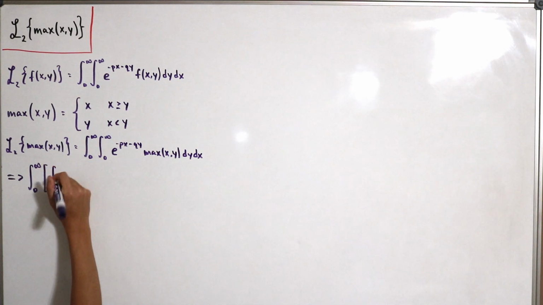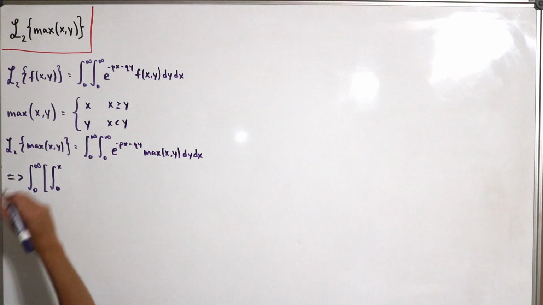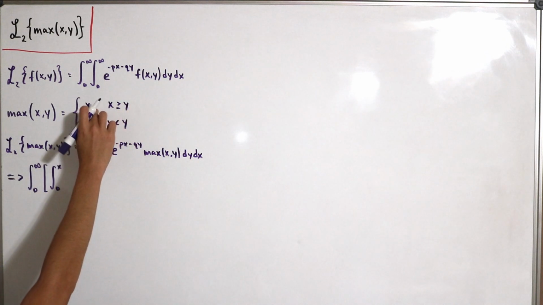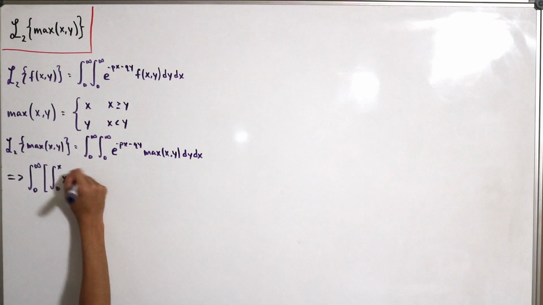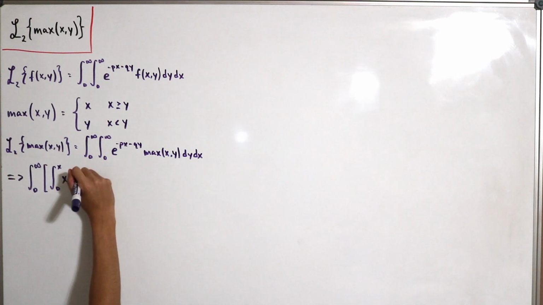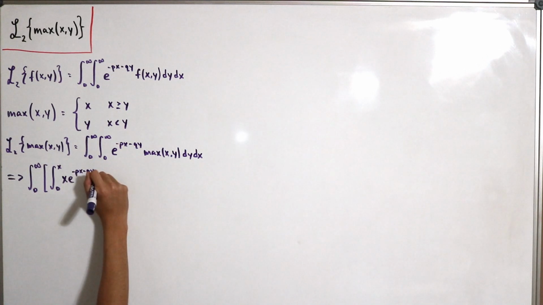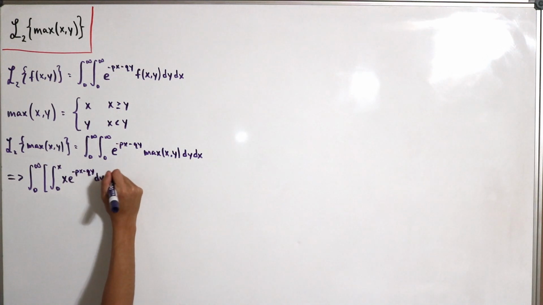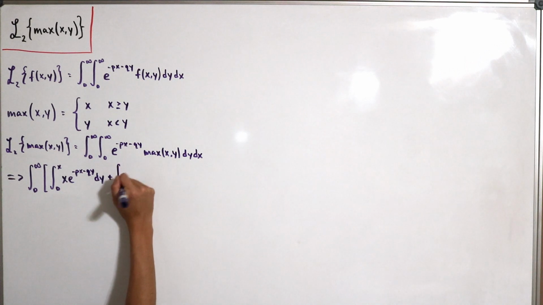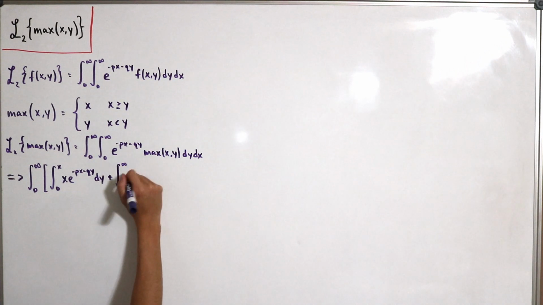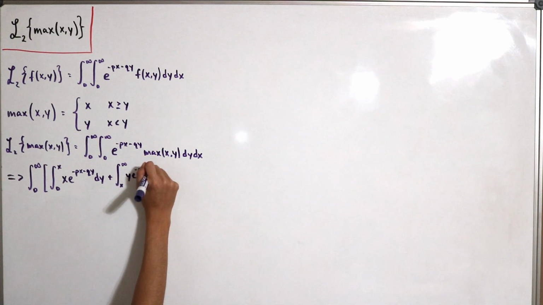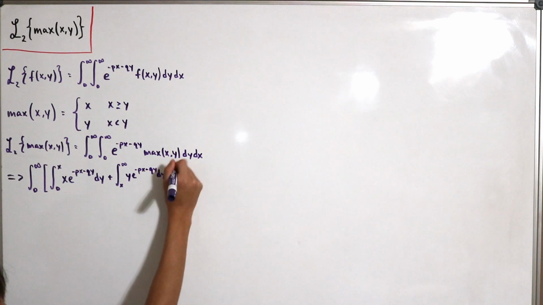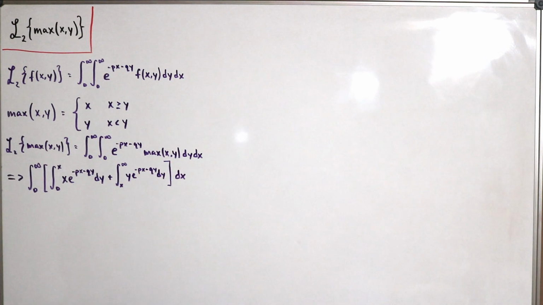We have one that we integrate from 0 to x, which fits the condition where the max of x, y is equal to x, multiplied by e to the negative px minus qy dy, and then we add our integral going from x to infinity of y times e to the negative px minus qy dy, and then dx.